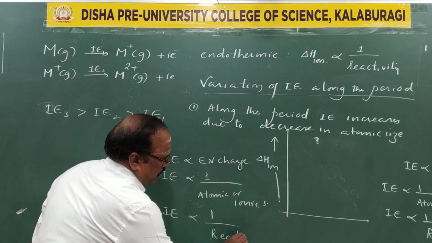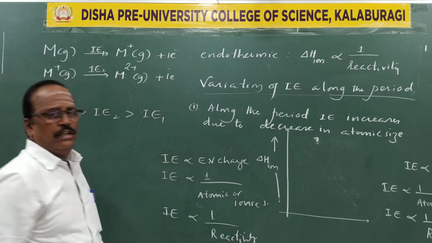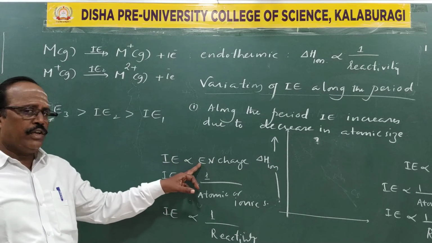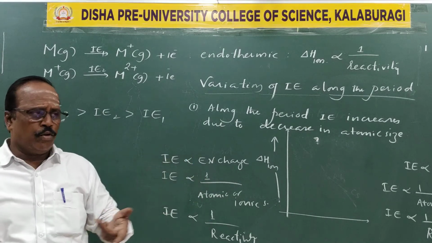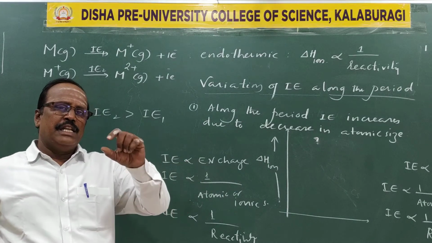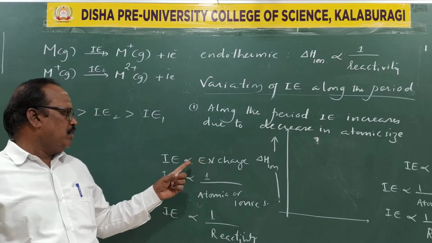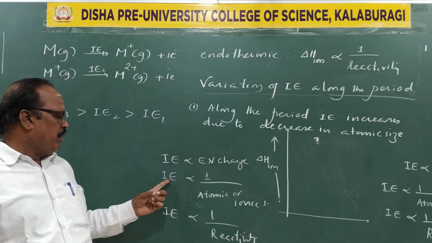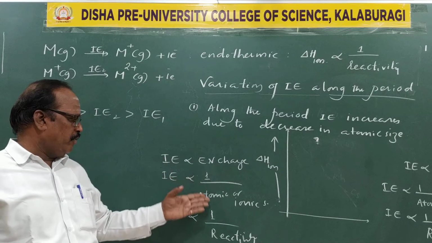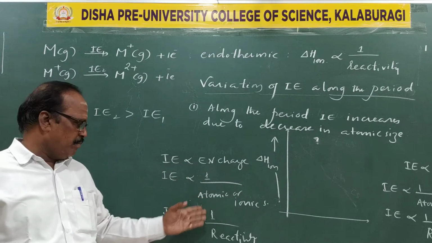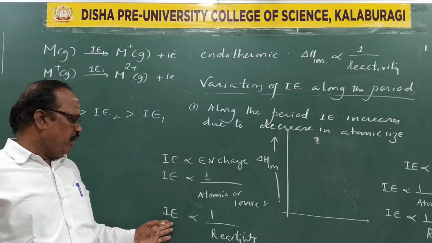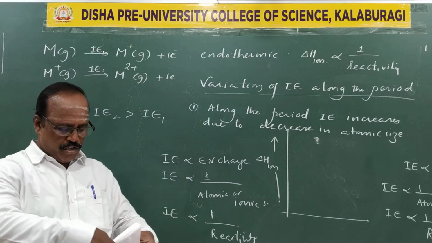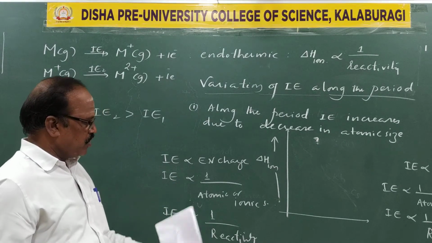This is the information useful for CET purpose. So, more effective nuclear charge, more protons, more pull, so less will be the size. So ionization energy is more. If ionization energy is more, atomic size or ionic size is less, inversely proportional, and the lower the ionization energy, the more is the reactivity.